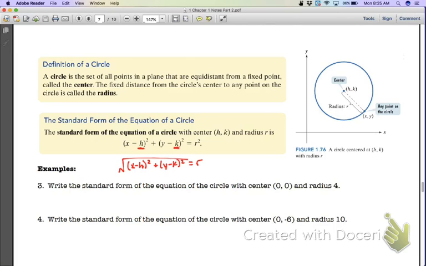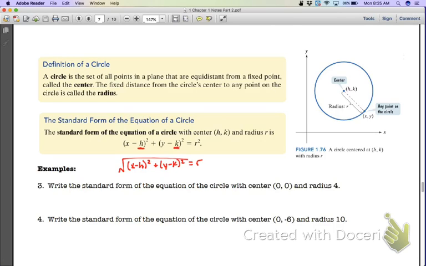If it would be a plus, it would actually be a negative value for your H or your K. Whereas whenever we dealt with functions, the way I always told students was that H is always the opposite and K is what it is. Here, K is just like H, and it's going to be the opposite as far as where the center of my circle is. H and K always deal with the center of the circle. R, like it says, is the radius.